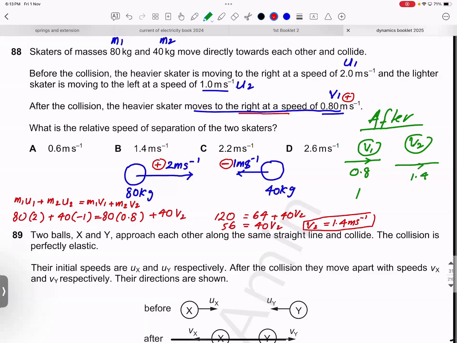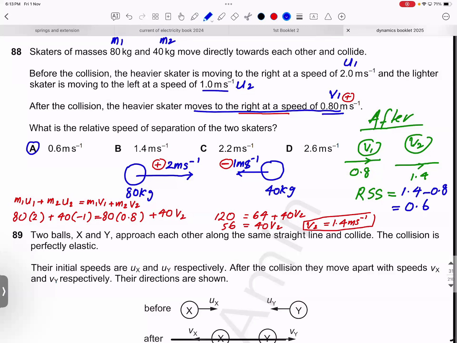I trained you whether you want relative speed of approach or relative speed of separation. If the bodies are moving in the same direction, we subtract the speeds. So if you subtract 1.4 minus 0.8, the answer is 0.6 meters per second, option A.